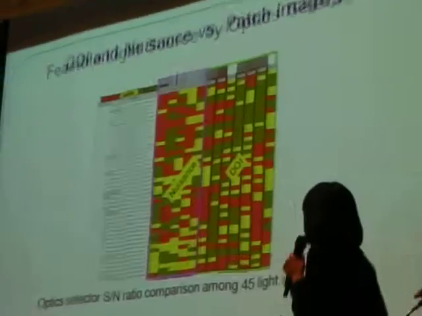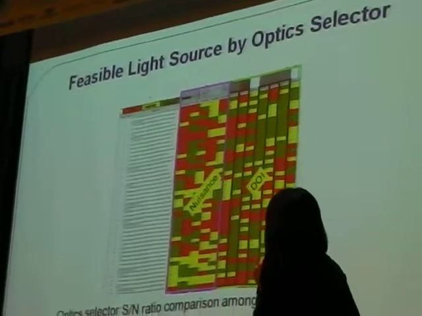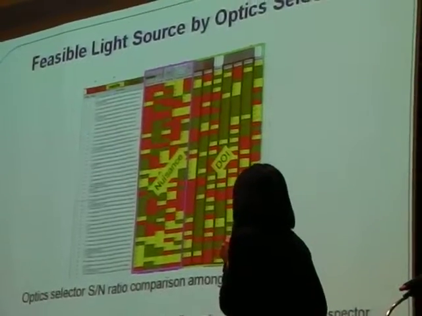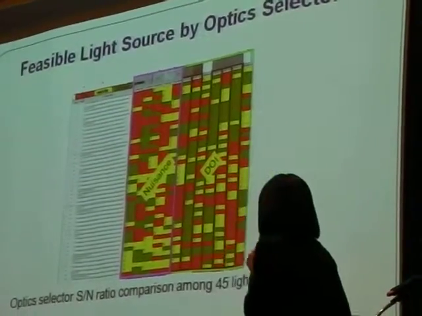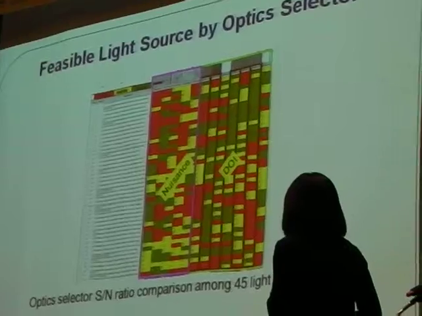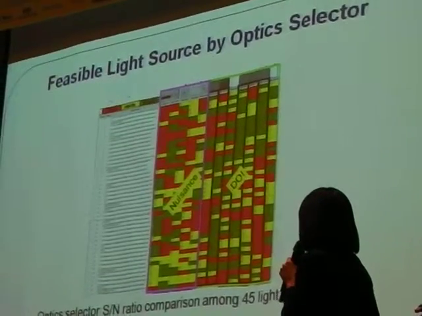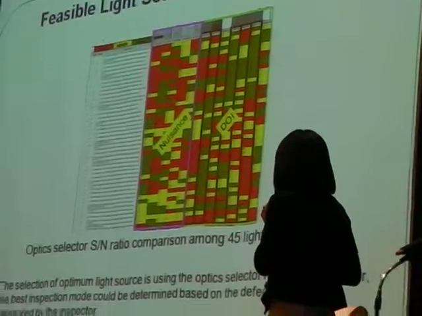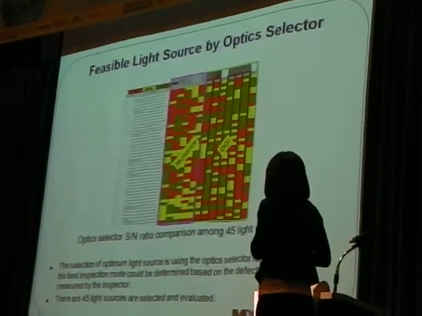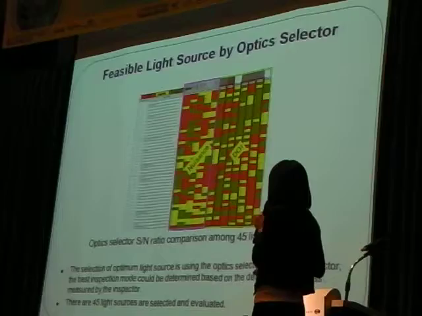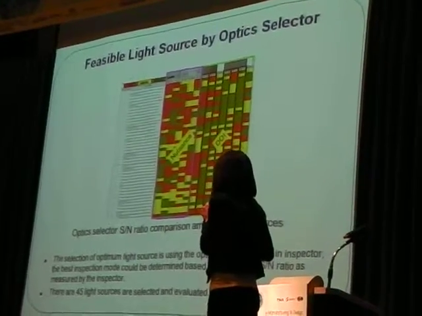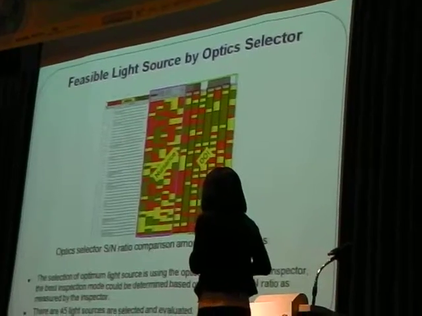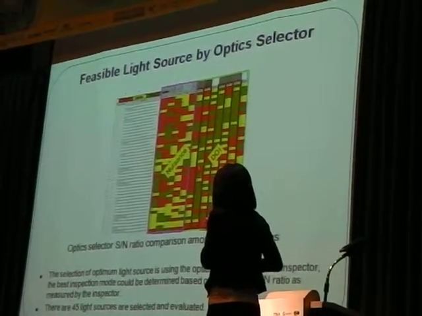And now we can see the feasible light source by active selection. The selection of optimal light source is using the active selection feature in its spectrum. The best inspection mode could be determined based on the defect signal to noise ratio. And we have the light sources in the active selection function on this table.